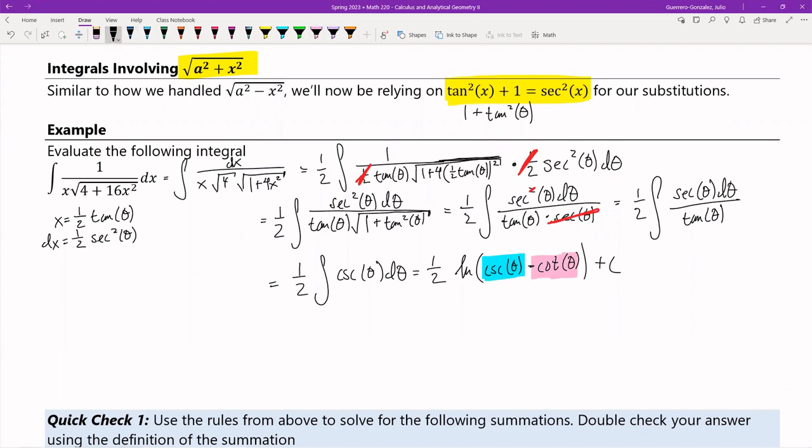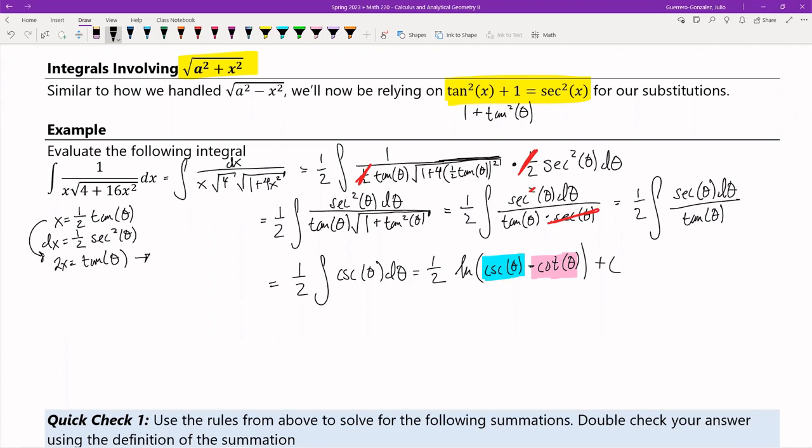Okay, so again, we're going to start with our original substitution, right? Since x is 1/2 tangent theta, then that means 2x is equal to tangent theta, right?